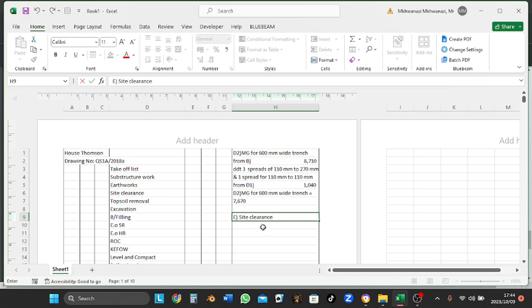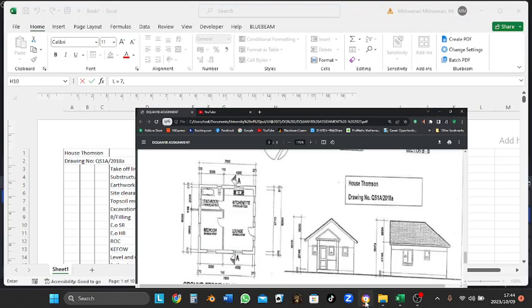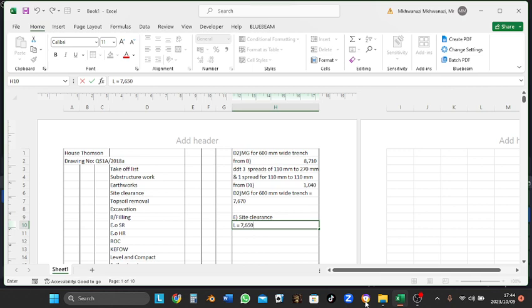For the site clearance, we are looking for the length. The length is going to be equal to what? The length, remember, it's 7.650 meters.